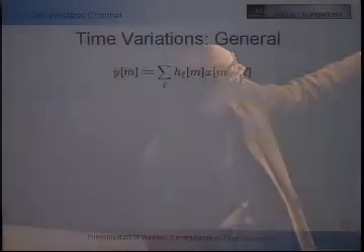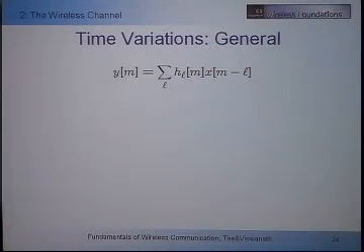It's a tap index. l is a unit of delay. Delay and time, of course, have the same units, seconds, or symbols, but it's important to distinguish. So l is the delay because it represents the gain at a delay of l symbols. m is just a symbol time. It's not a delay. That's how you distinguish between l and m.